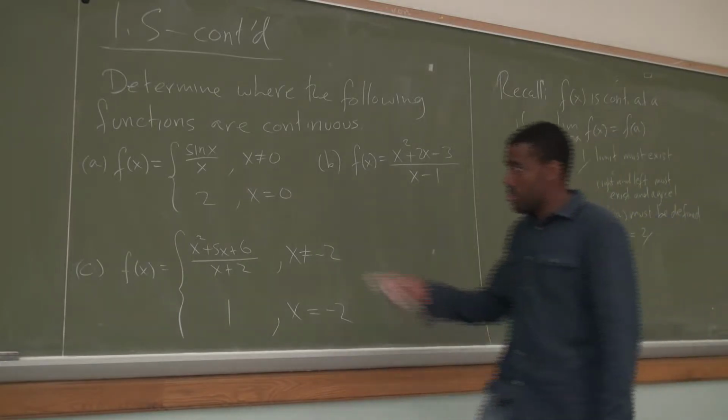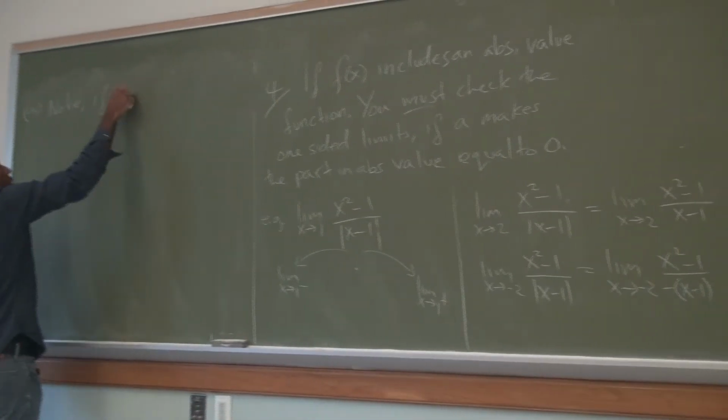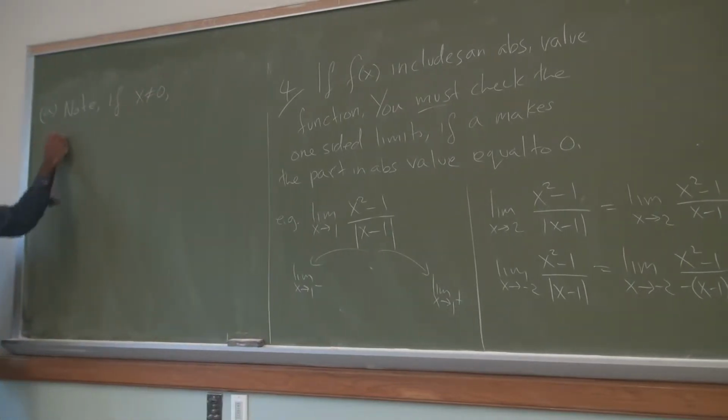So if I wanted to check those three things here, how would I go about it? So, first note, if x is not 0, everybody's continuous, right?